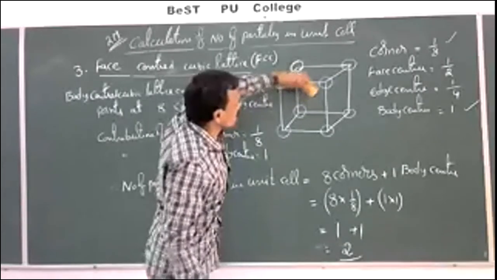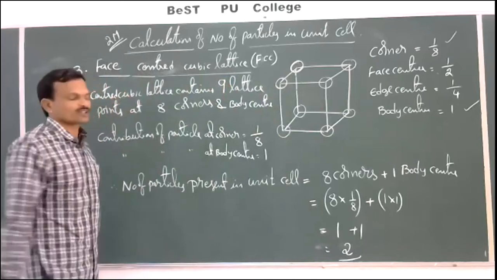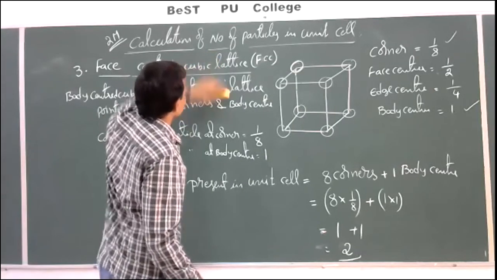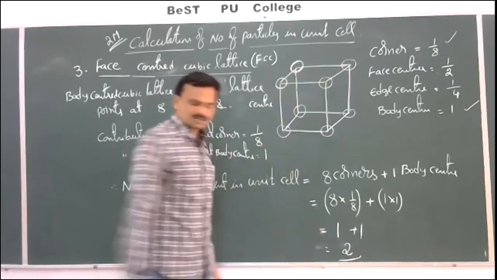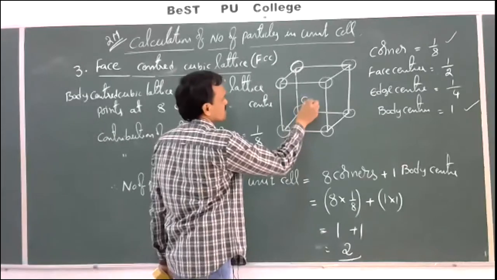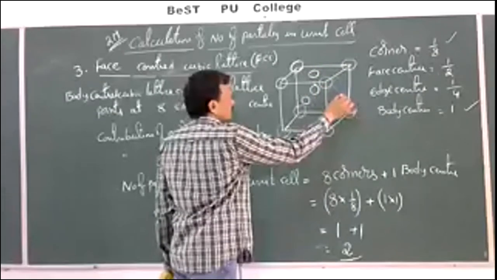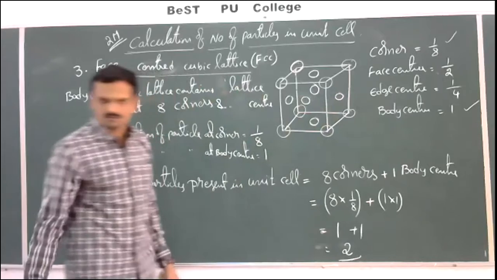What are the positions of the particles in case of face centered cubic lattice? In face centered cubic lattice, totally there are 8 corners and 6 face centers. So this is front face center, back face center, top face center, side, bottom, and one more side.